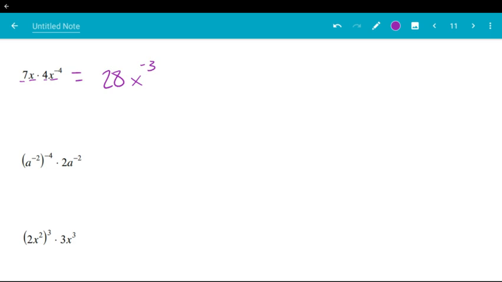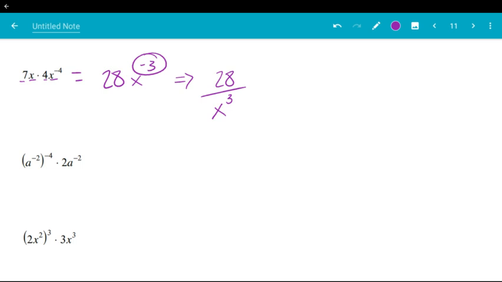Now, starting today or tomorrow, we don't want to leave that as our final answer. This negative exponent is considered unsimplified. So to fix it, we simply move its base from the numerator to the denominator, and raise it to the third power. That's how we take care of negative exponents.